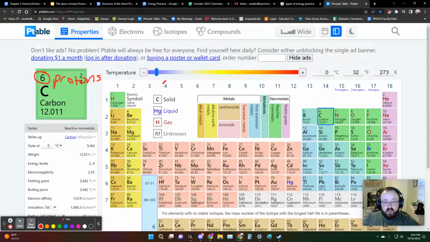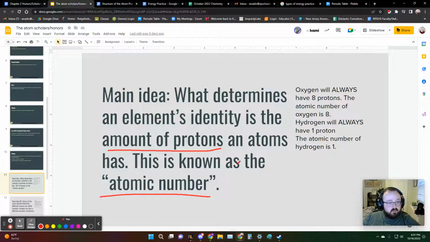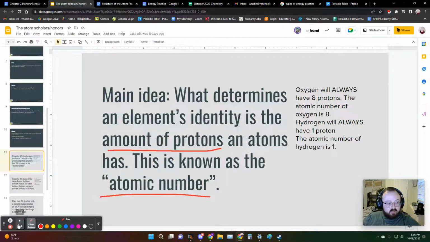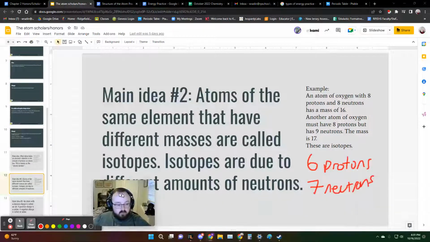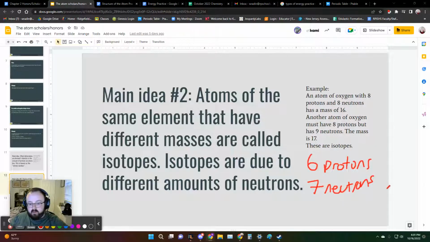But you can have atoms that have different masses. So if we go to the next slide, if we have carbon that has 6 protons and 7 neutrons, then the mass would be 13.